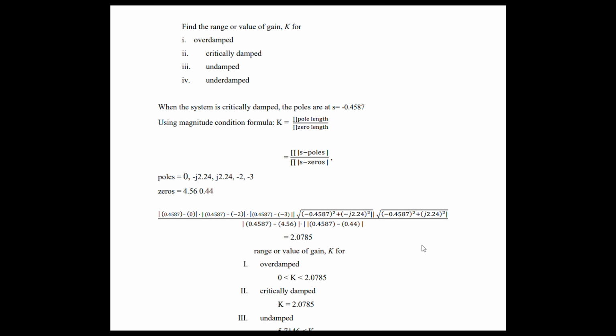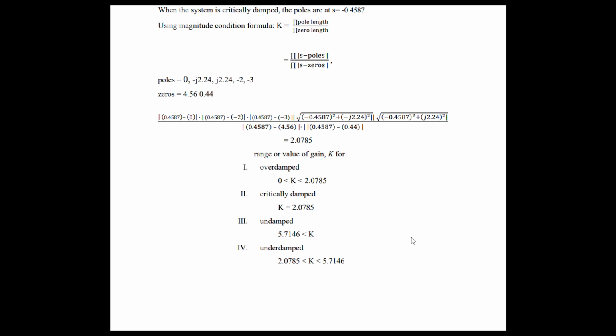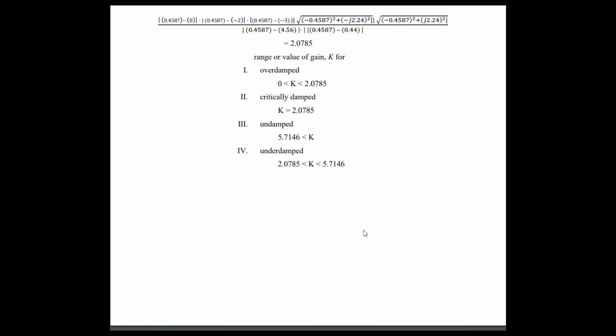So the range of values of K that we got for overdamped is 0 less than K less than 2.0785, and underdamped is 2.0785 less than K less than 5.7146. And that's all the calculation for this system.